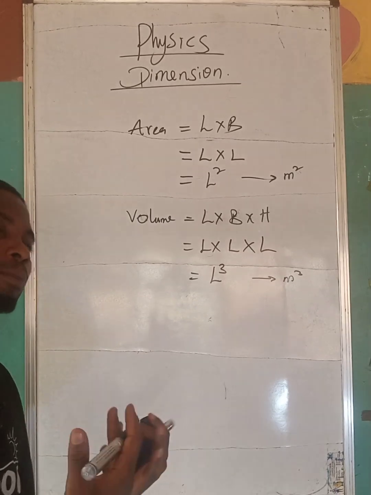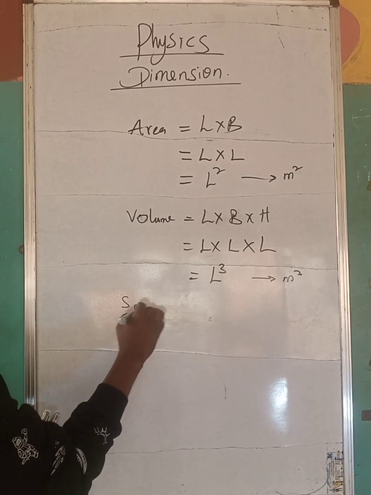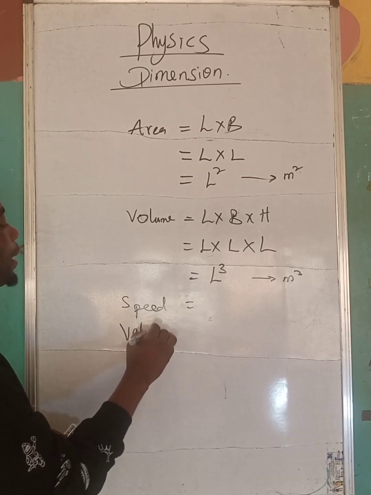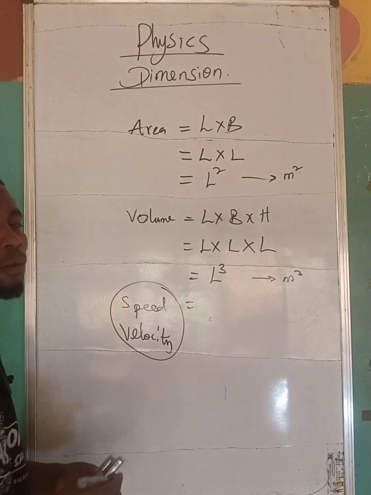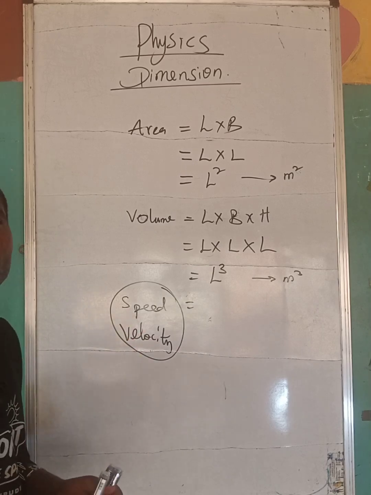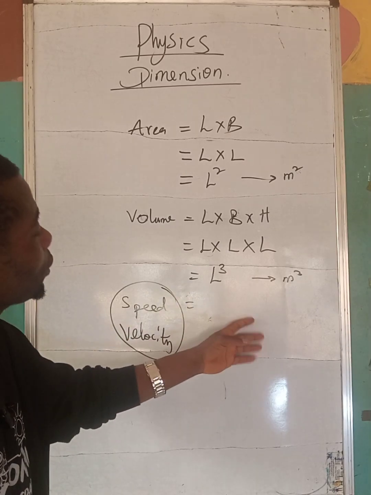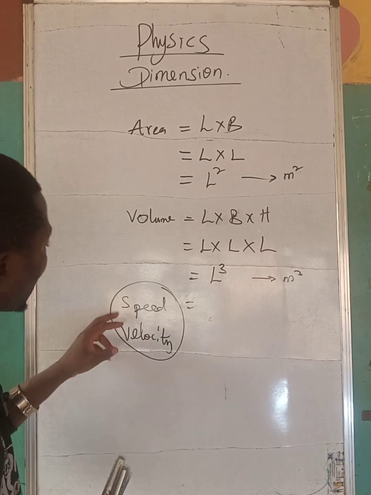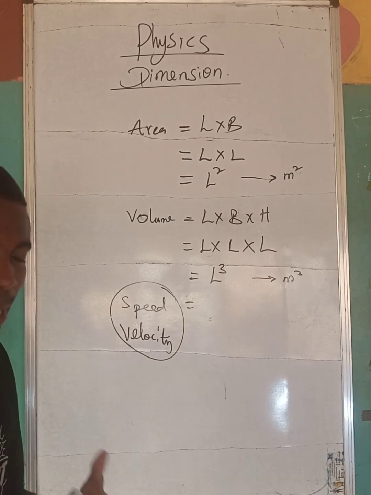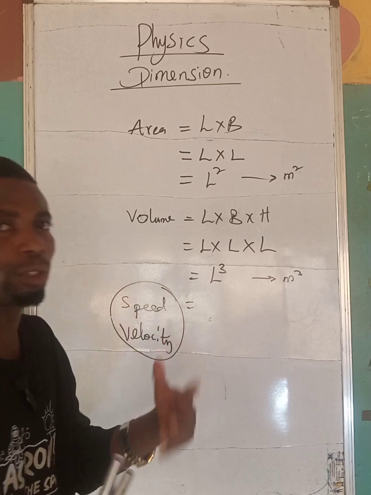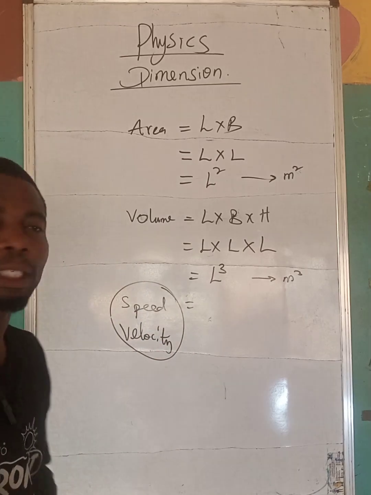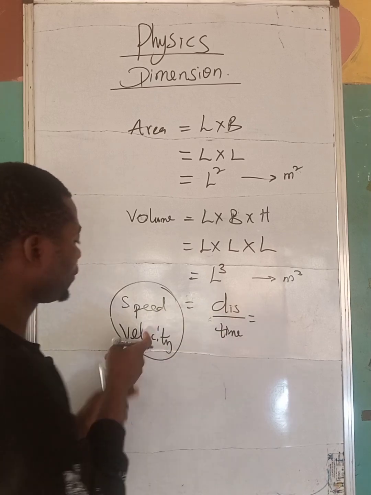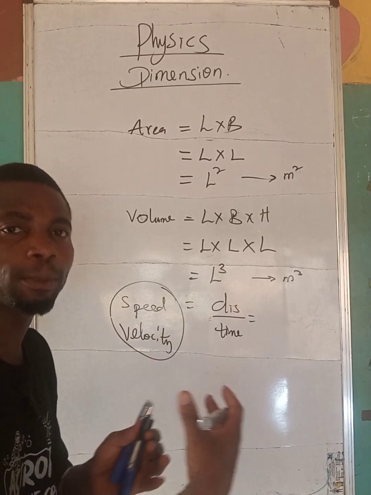Let's move on. Let's talk about speed. What is the dimension of speed? Both speed and velocity have the same dimension. Now, what is the formula? If you want to solve dimension, you need the formula. The formula for speed is distance over time, and for velocity it's displacement over time.